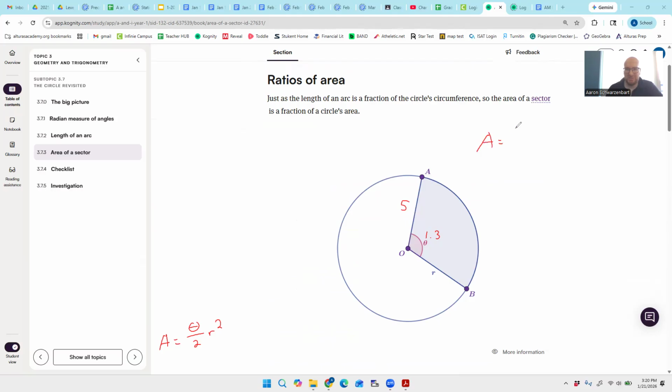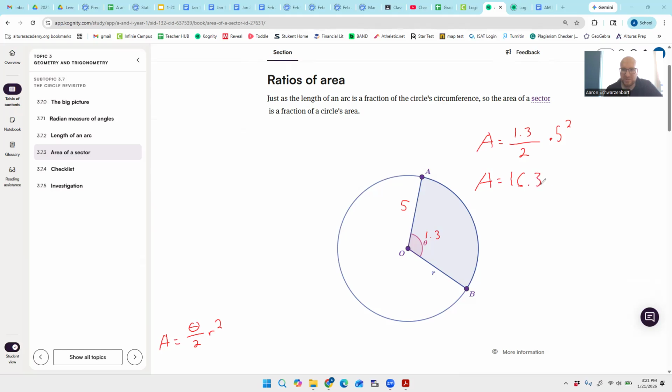A equals 1.3 over 2 times 5 squared, and that equals 16.25.